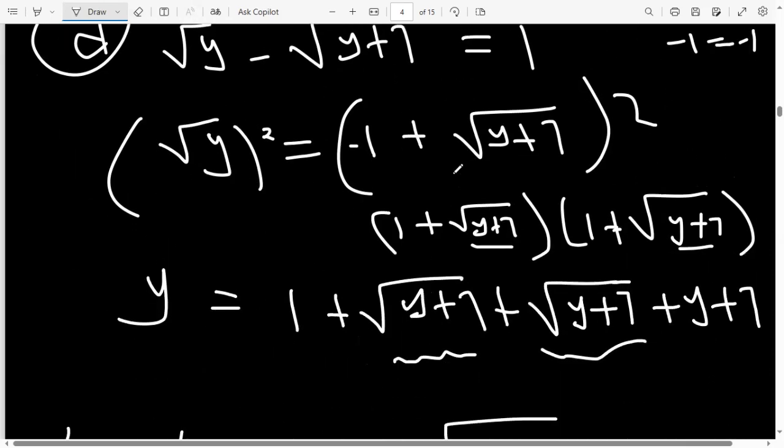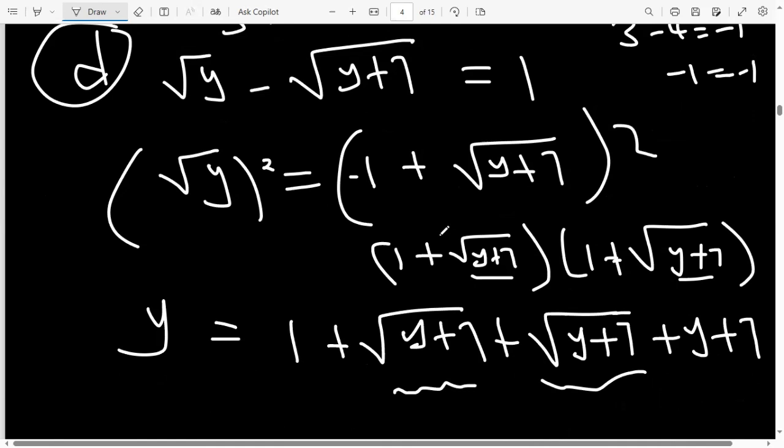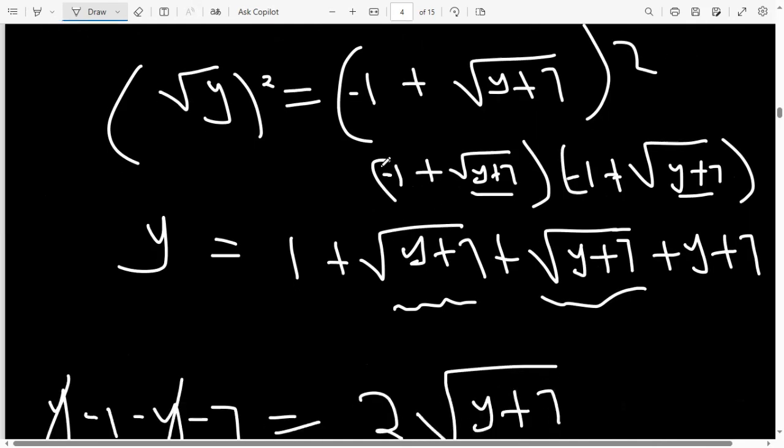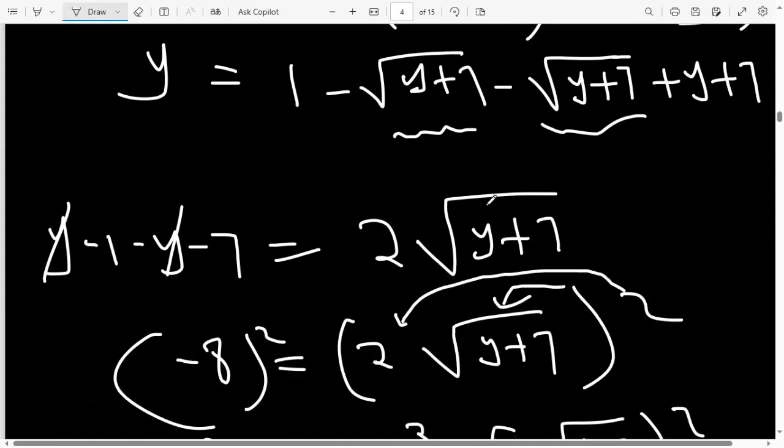Okay, but let me just include those negatives for those who can be confused. So if I put a negative here, it means here to be negative. This multiplied by this to be 1. And then this multiplied by that, it will be minus here. So let's change somewhere. Okay, but it's still ultimately going to give us the same one. So here to be minus, here to be minus. And then this multiplied by this still gets this.